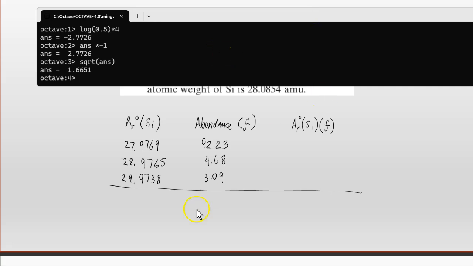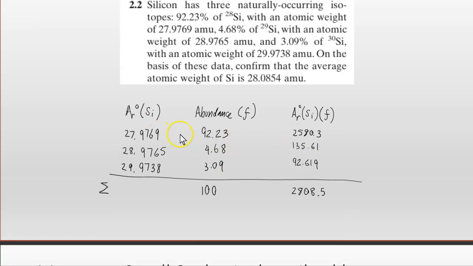The next steps are to multiply these two columns to create a third column. What I've done here is multiply the values in these two columns on each row to give this number here. And I've tabulated these. Next thing I've done is I've summed the abundance column. This adds up to 100%. And here I've summed these weighted quantities to calculate the average atomic weight.